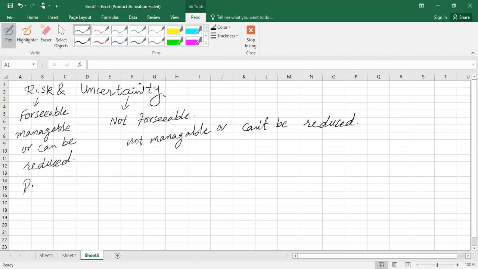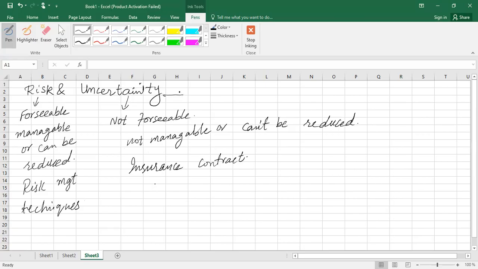We can use different risk management techniques to reduce risk. Here we can use an insurance contract to avoid the loss of uncertainty.